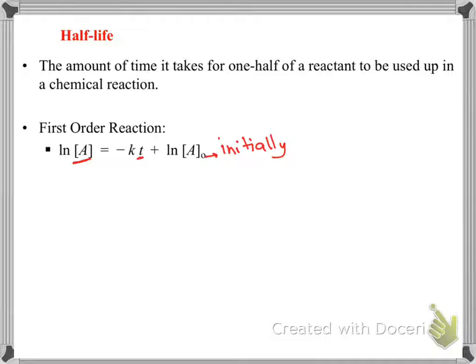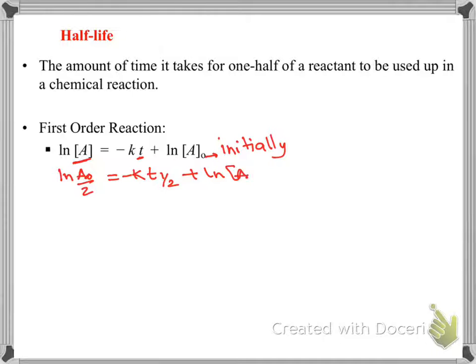Now we are saying that half of the reactant is left after how much time. So I should say half of the initial is left, and that time we're going to call t half.